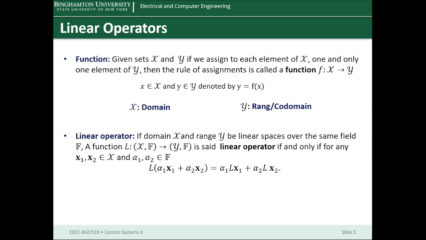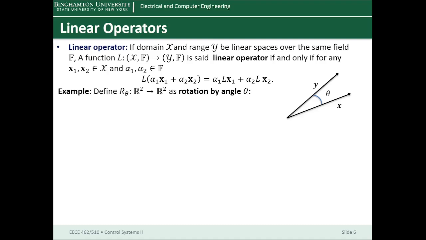Let's call the operator L. If we pick two arbitrary vectors x1 and x2 in the domain and two scalars alpha 1 and alpha 2, then linearity means that if we take the combination alpha 1 times x1 plus alpha 2 times x2 and apply the operator L to it, the result must be alpha 1 times L of x1 plus alpha 2 times L of x2. If a function satisfies this property, then we call it a linear operator.